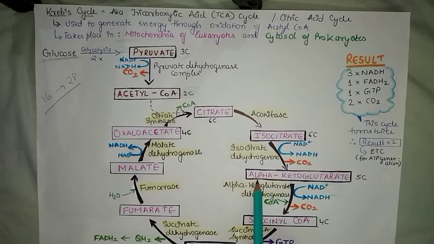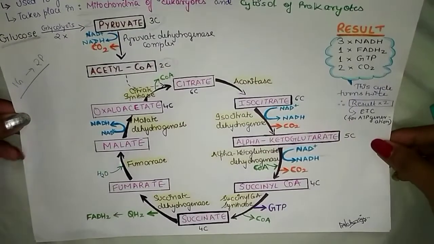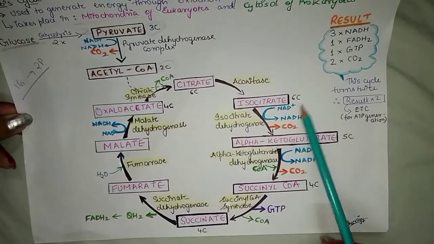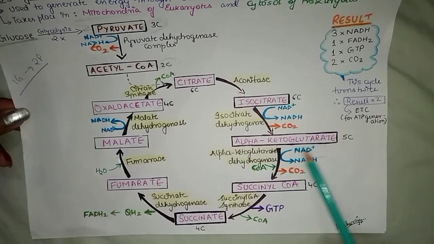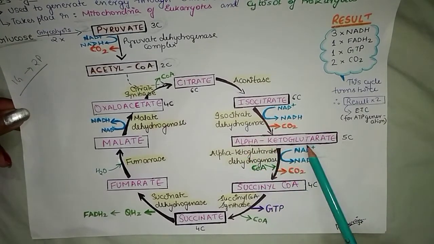Isocitrate will be converted to alpha ketoglutarate in the presence of isocitrate dehydrogenase. During this reaction, NAD plus will be reduced to NADH and a carbon dioxide molecule will be released. Hence, the 6 carbon molecule isocitrate will be converted to the 5 carbon molecule alpha ketoglutarate.